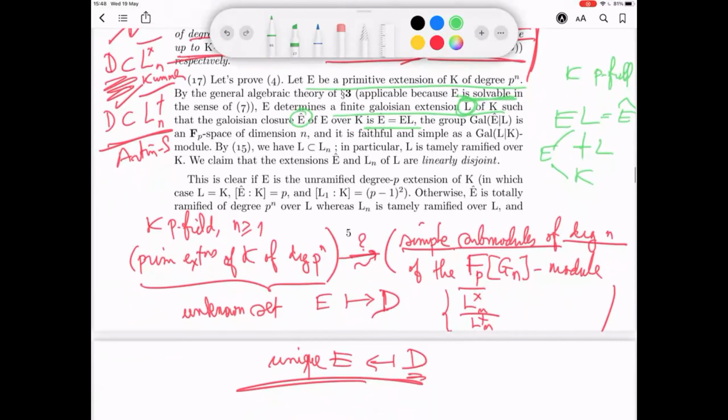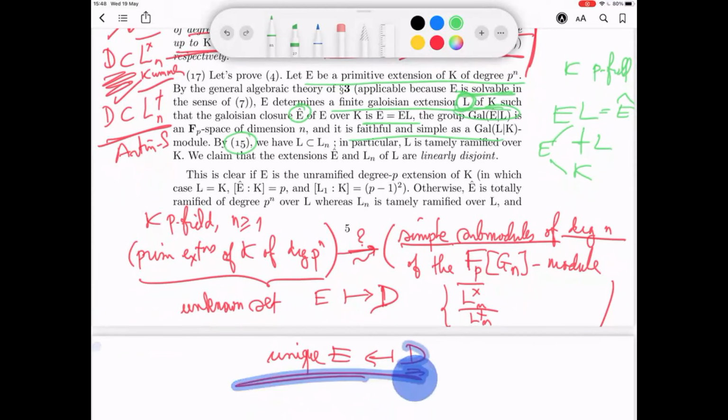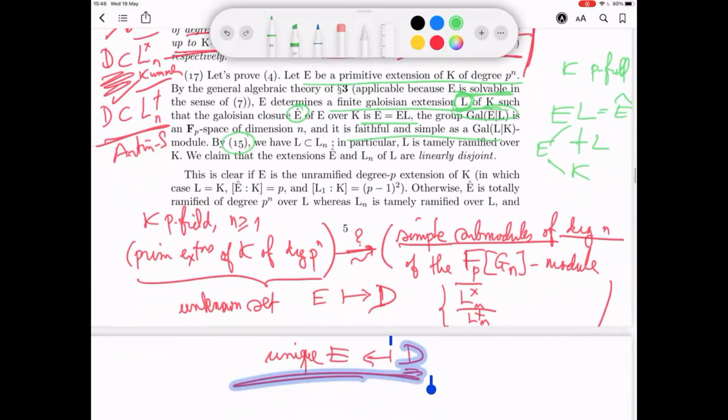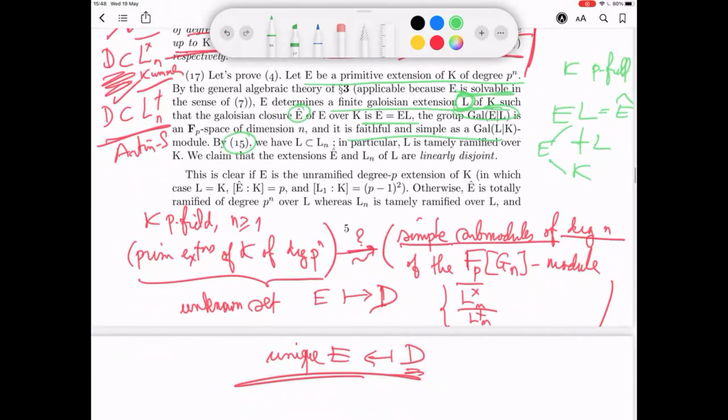And moreover, this is a faithful and simple Galois L over K module. But we have also seen that everything factors. Because every irreducible representation of degree n, F_p representation, factors through Ln, this L is going to be contained in Ln.